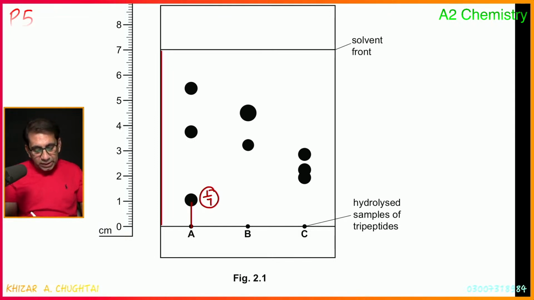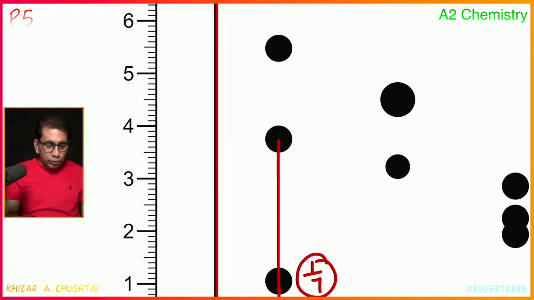What is the distance traveled by the second spot of A? The middle of that spot is at 3.75 if I'm not wrong.